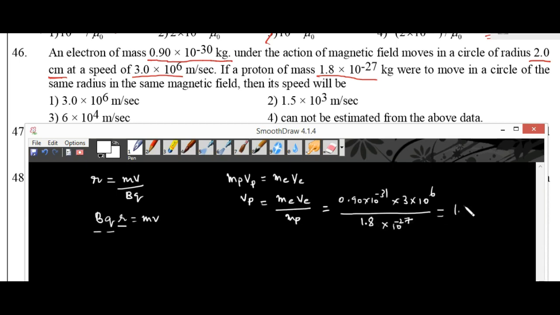So if you do the math, then it is 1.5 into 10 power 3 meter per second.